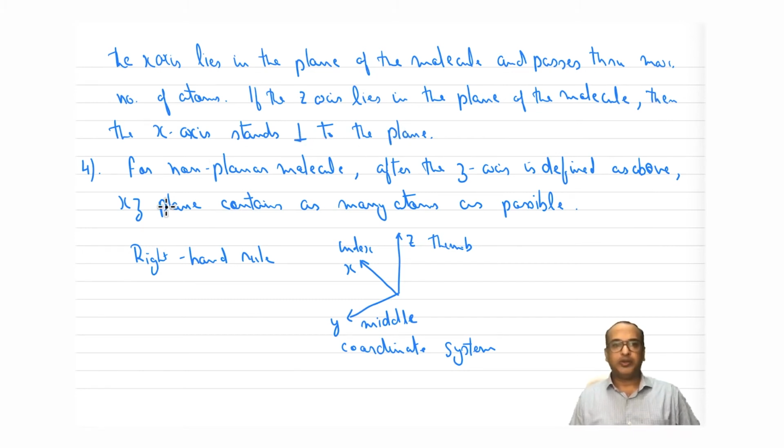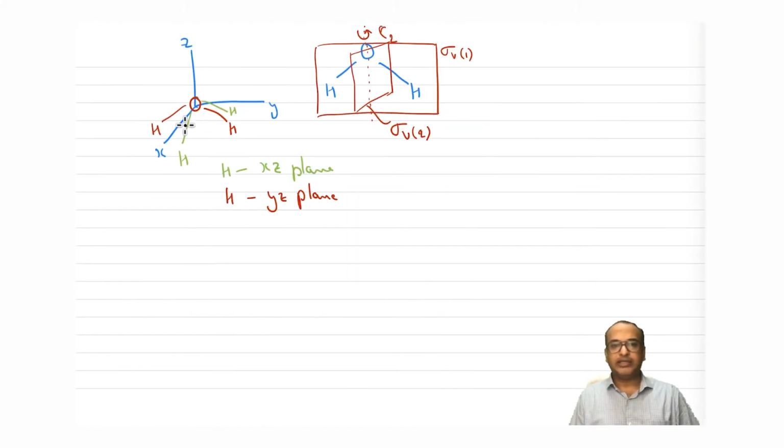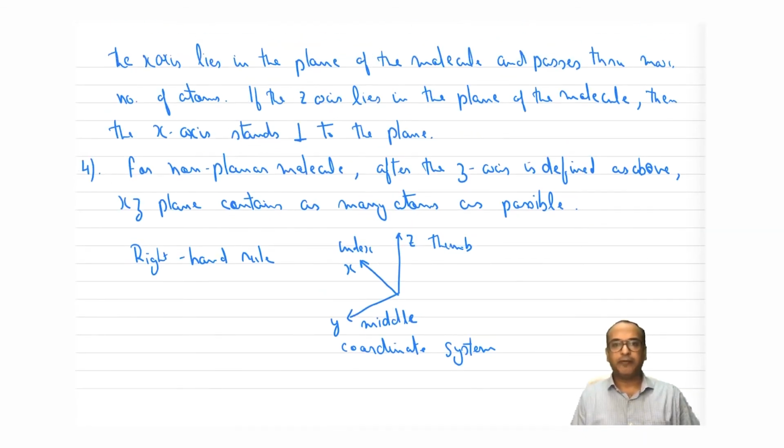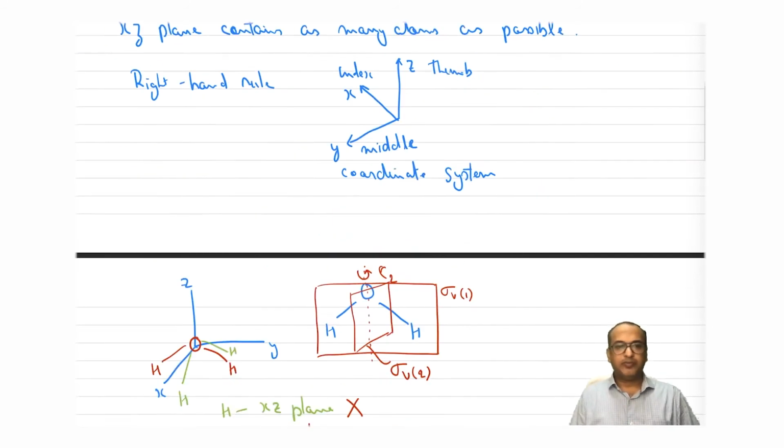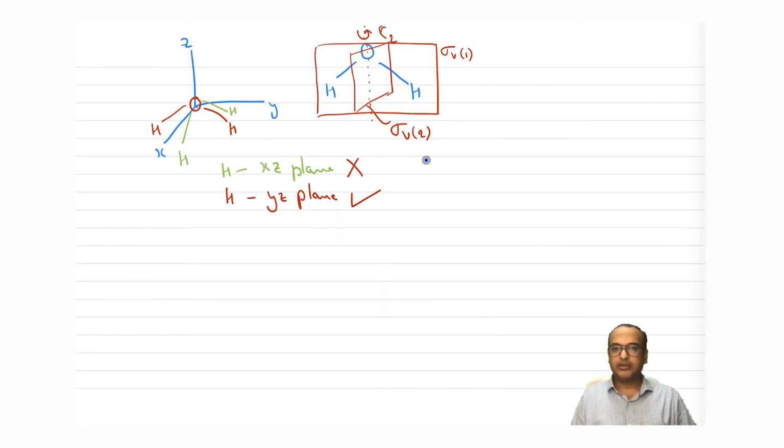So that means the x-axis should be perpendicular to the molecular plane, so the red orientation is the correct orientation. The green one fails because of this point: z-axis lies in the plane of the molecule, so the x-axis stands perpendicular to the plane. Okay, so let's look at one more case.